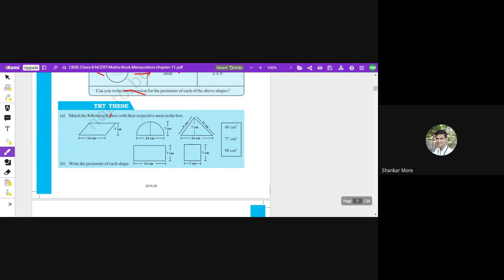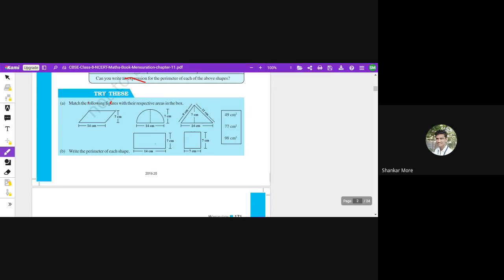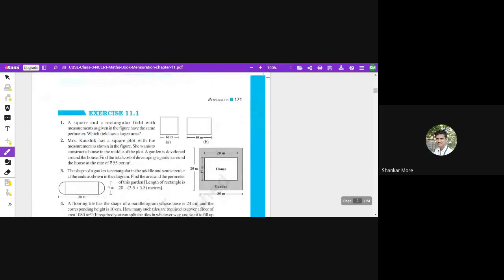Okay, so it is going to be 77 meters square, right? Yeah, correct. Okay, so this is a triangle. We can find out the area of triangle. This is again a rectangle, very simple, and square. So square का area जो है 7 into 7, that is going to be 47 centimeters square.